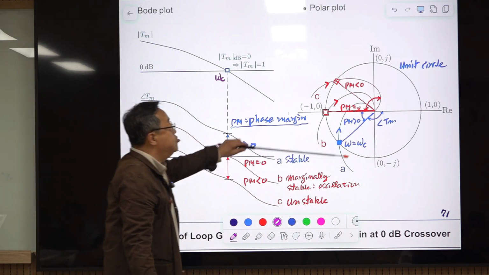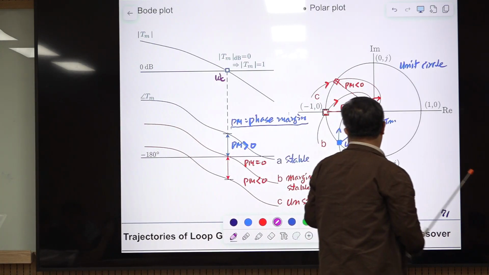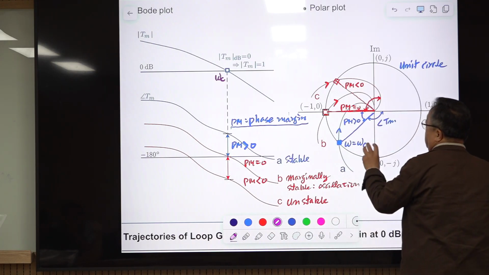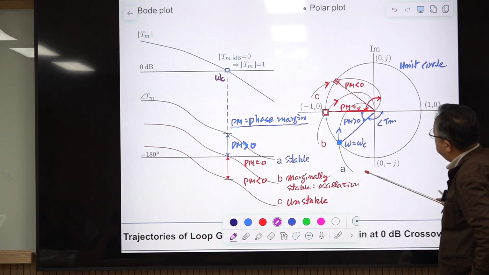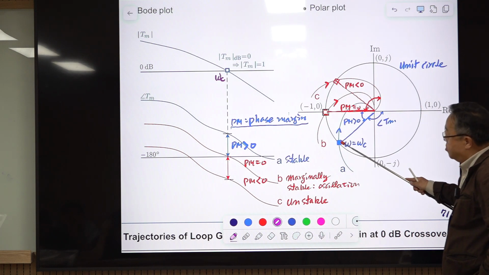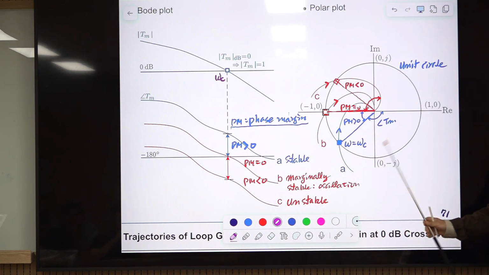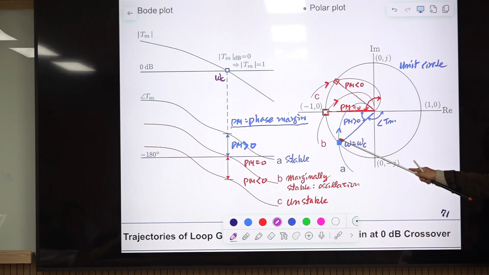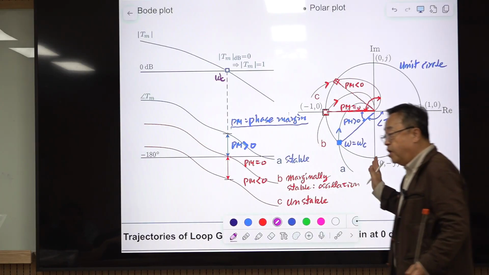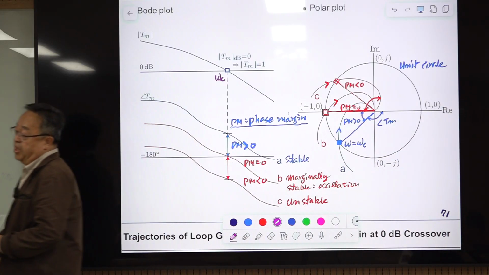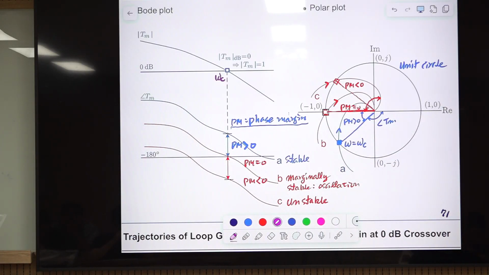Here we are using only one graph, and the information about the phase and magnitude are shown all together, but frequency information is not shown here. So you need some other information to figure out the frequency at this particular point, but effectively, they carry the same information.